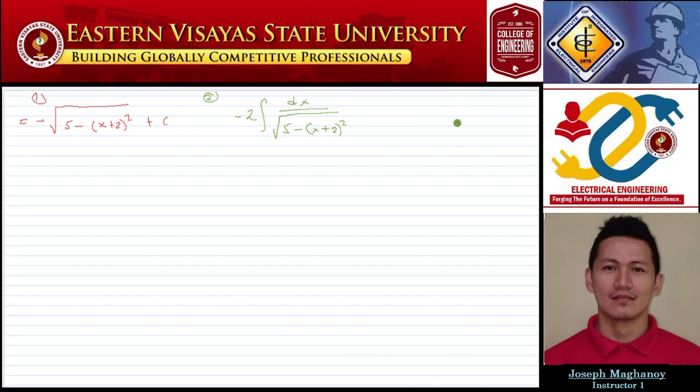Same with our example number 36. 5 can be rewritten as quantity square root of 5 squared. But that's still 5. If you apply square root and square, that's still 5.